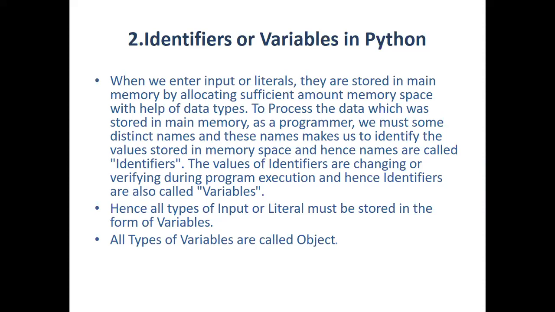So whenever we want to process data stored in the main memory, we must use some distinct names. These names make us identify the value stored in the memory space, and they are known as identifiers. The values of identifiers change or vary during program execution, so they are also known as variables. All inputs or literals must be stored in the form of variables.